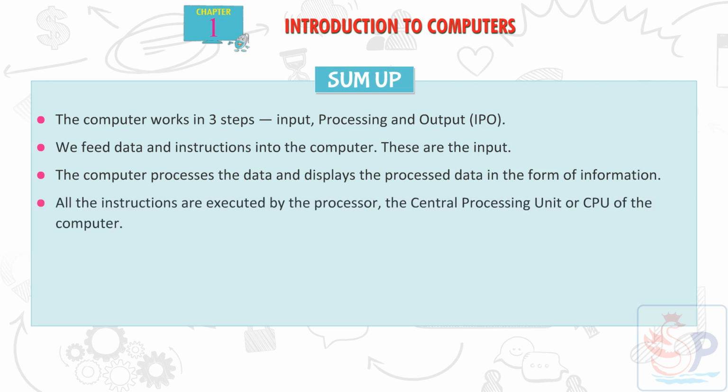All the instructions are executed by the processor, the central processing unit or CPU of the computer. The result of the work done by the processor is called the output.